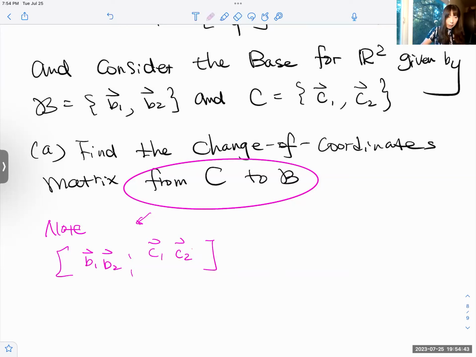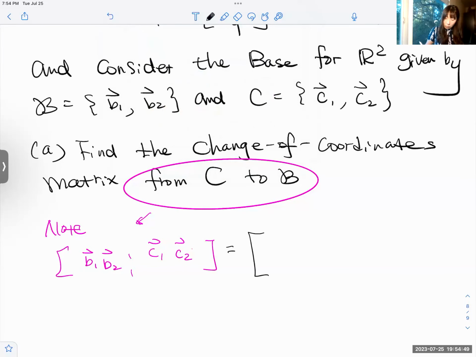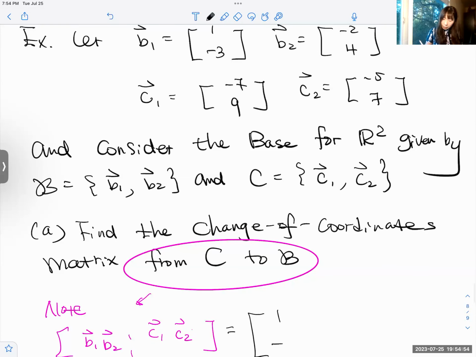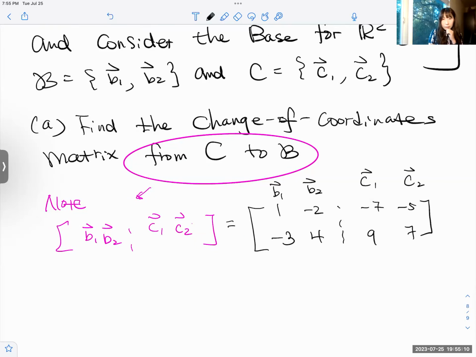So there will be (1, -3), (-2, 4) for B, and C sub 1 which is (-7, 9), C sub 2 (-5, 7).